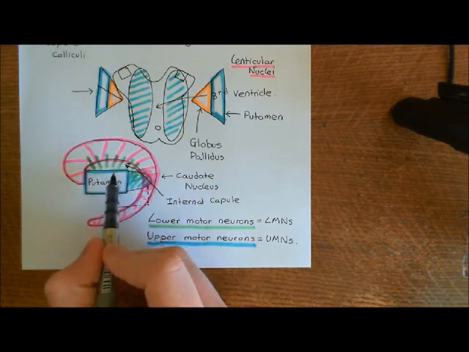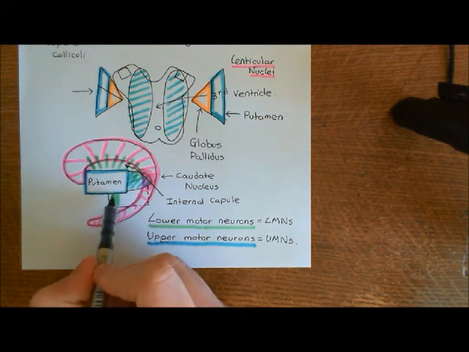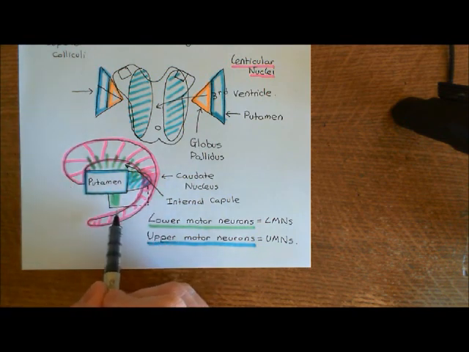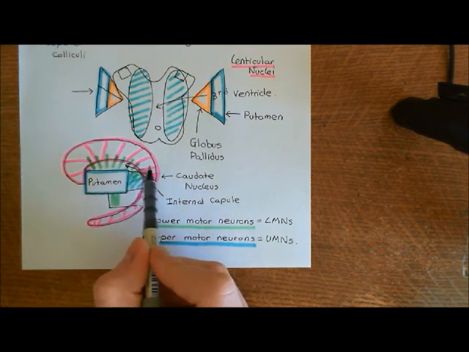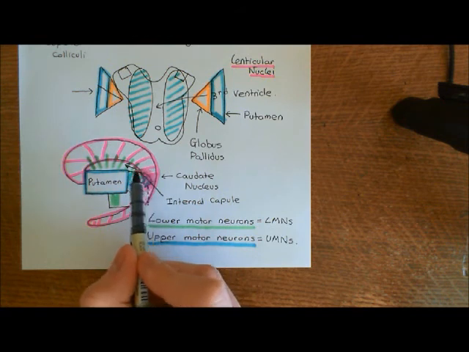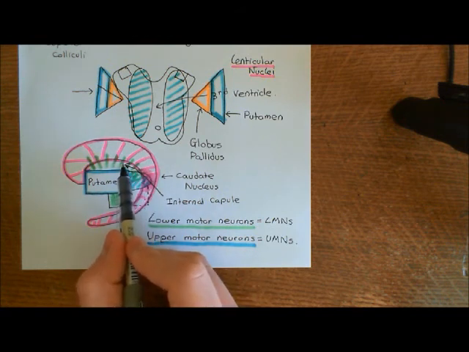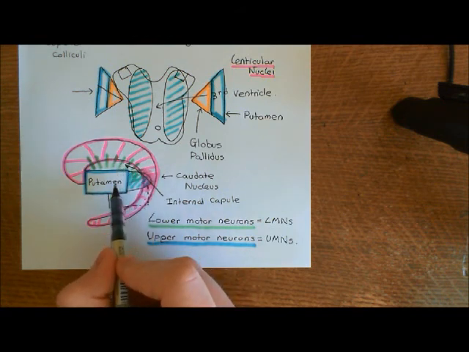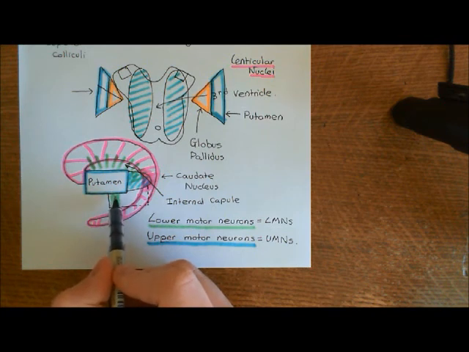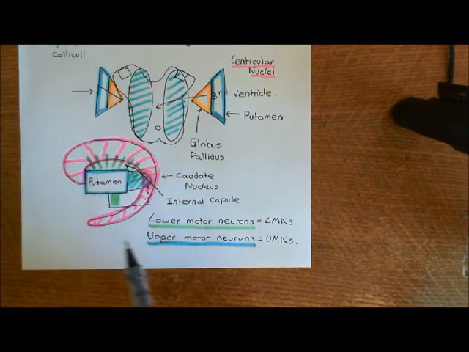They've then gone from the internal capsule into the crus cerebri of the midbrain on their side. We're showing all of this for the left-hand side, but of course it will also be happening on the right-hand side. Now these axons are going to come into the middle 1/3 of the crus cerebri, and then they're going to descend down into the pons.